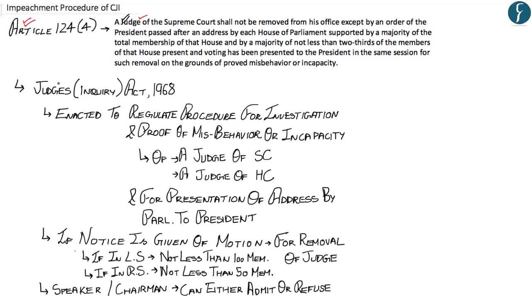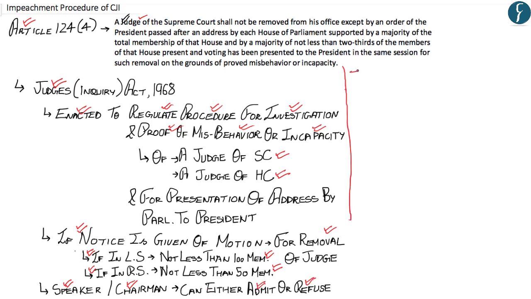And it is under the Judges Inquiry Act of 1968, enacted to regulate the procedure for investigation and proof of misbehavior or incapacity of a judge of the Supreme Court or a judge of the High Court, that if a notice for the removal of a judge is given in the Lok Sabha, it has to be supported by not less than 100 members, while if it is introduced in the Rajya Sabha, it has to be supported by not less than 50 members. And upon such notice, the Speaker of the Lok Sabha or the Chairman of the Rajya Sabha, after consideration, can either admit the motion or refuse it.